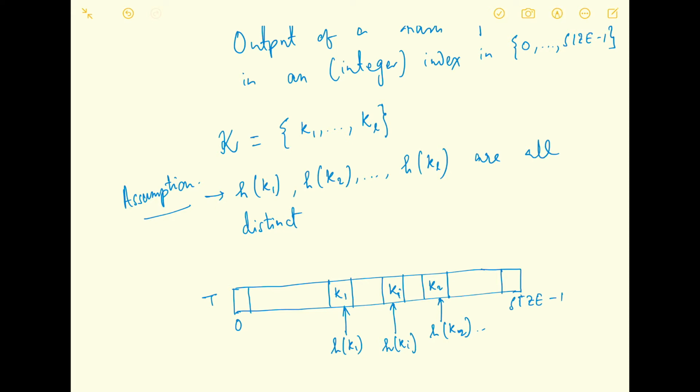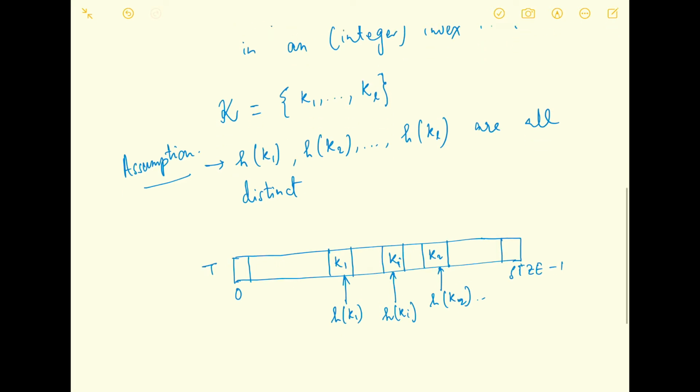So that is the insert. How to search? If I am given a key k, the only place that it can be stored is at h of k, and I look at the cell h of k to see if it is stored there or not. And how to delete? If I am given a key k, I look at the h of k-th index, and if it is stored there, I simply delete it. So life is very easy.